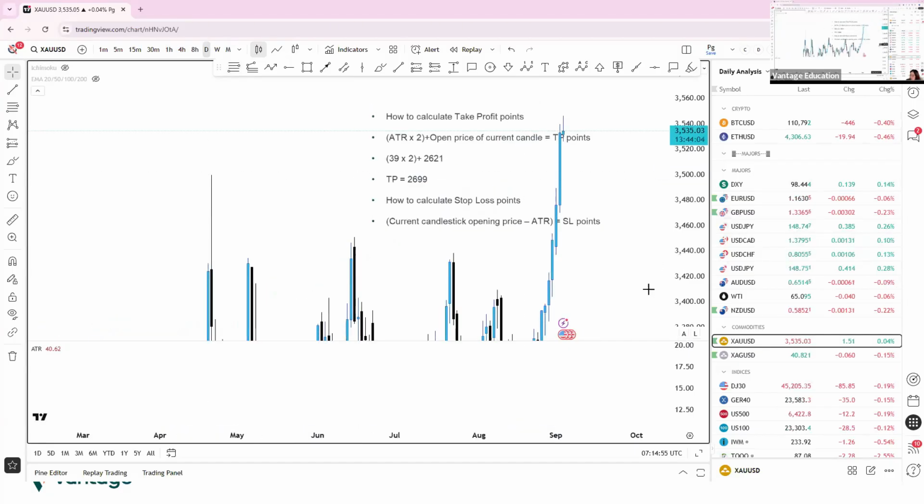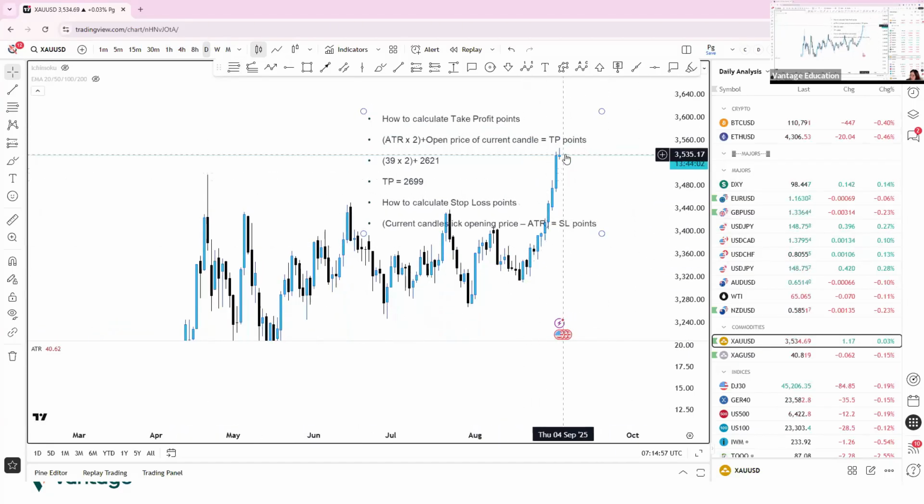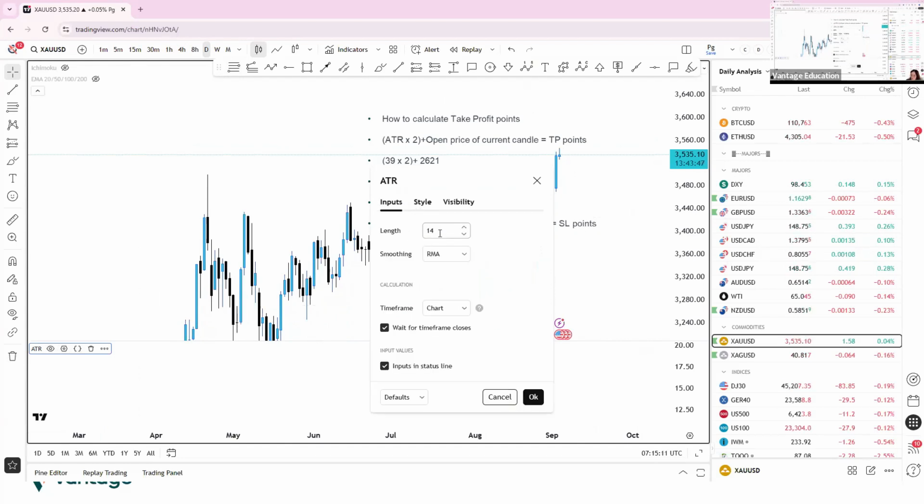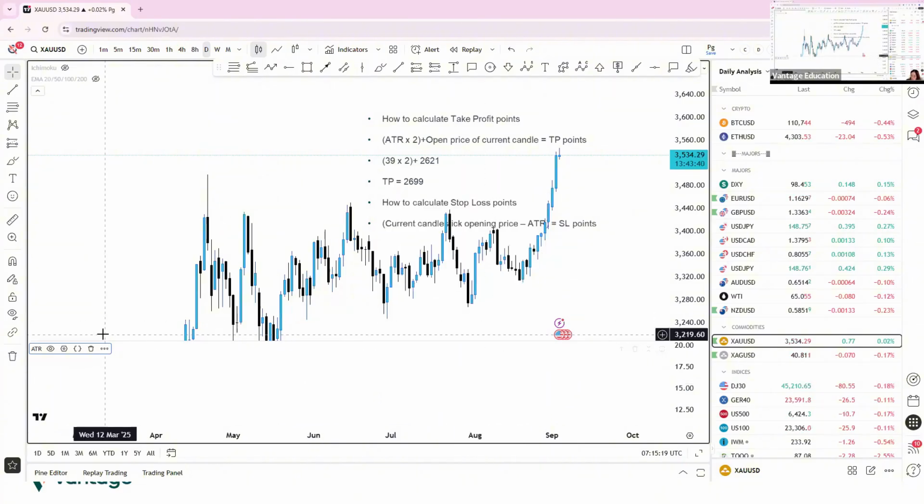If you use D1, that's 14 days. If you want a faster ATR, you can reduce it to 10, but I'm using 14. If you want a longer ATR, like for swing, you can use 20. It's up to you, but I use the default setting, which is 14.